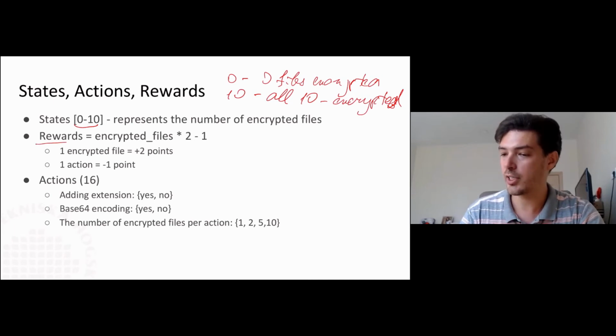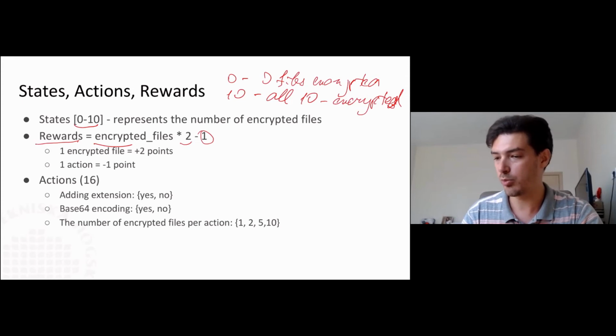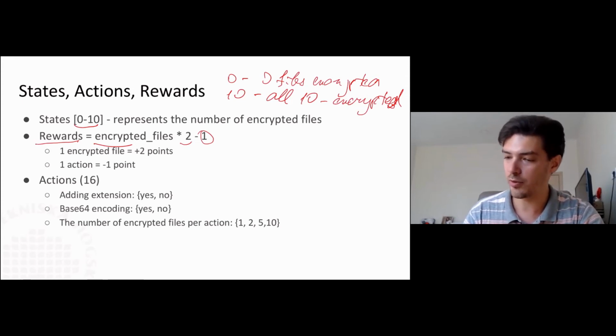The rewards, as I already mentioned, the reward function can be calculated as the number of encrypted files multiplied by 2 minus 1. Minus 1 is the cost of the iteration. Actions we have based on possible combinations of 3 options available: adding extension, base64 encoding, and the number of encrypted files.